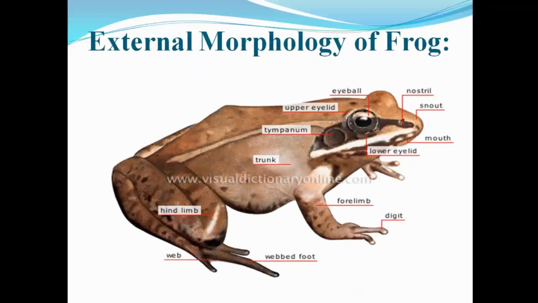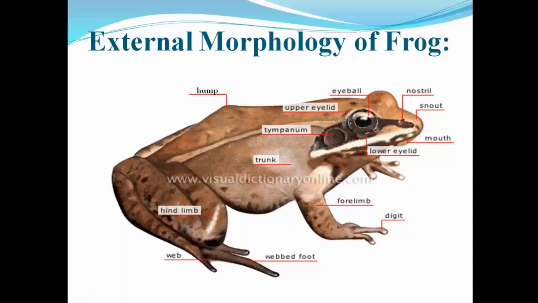Now the external morphology of the frog. A generalized frog body shows these structures. First of all, we will see the mouth, with a bit of prolongation of the jaws in the form of a snout. Just on the upper side of the snout is the location of the nostrils.